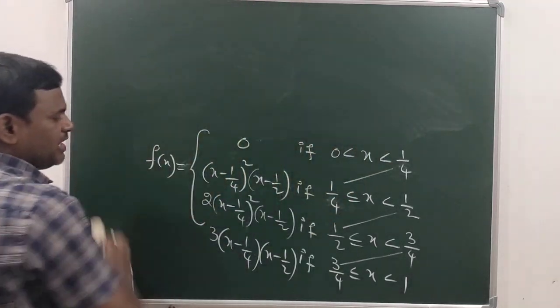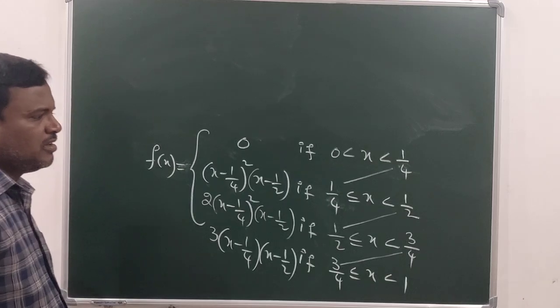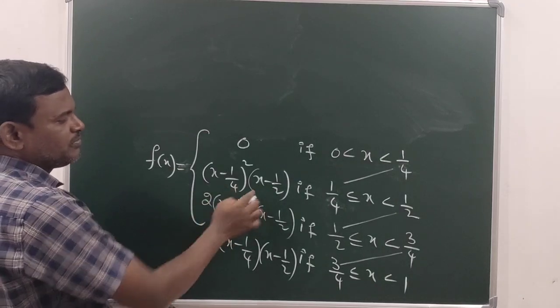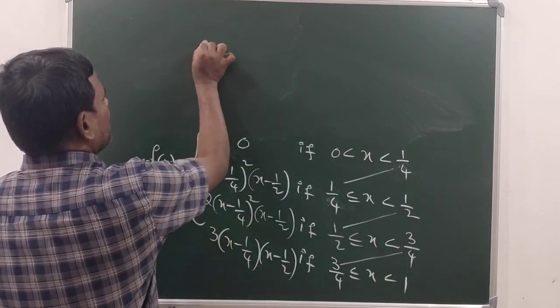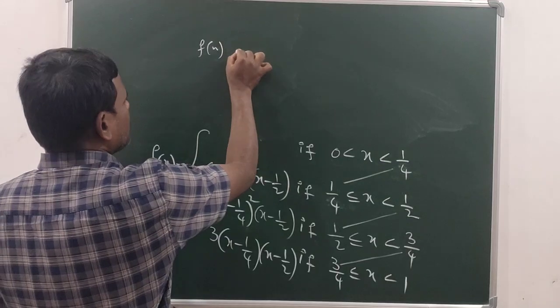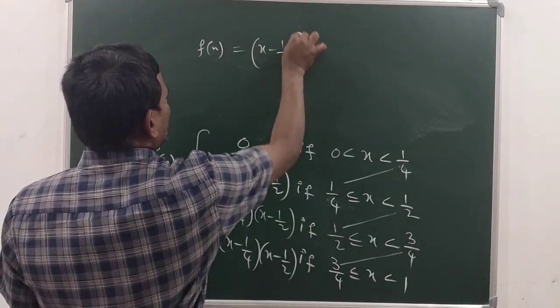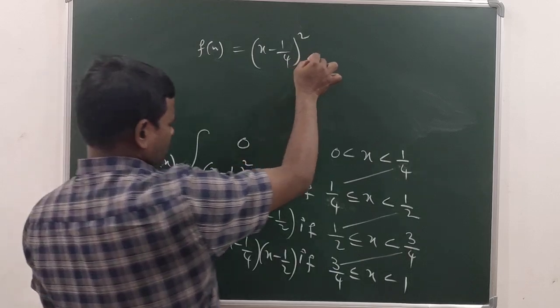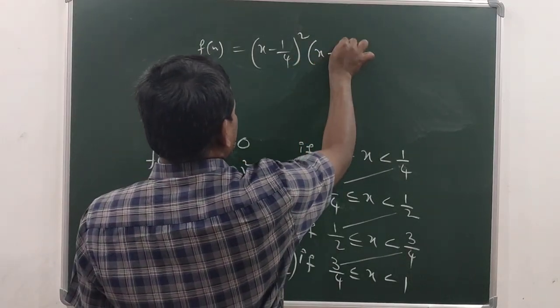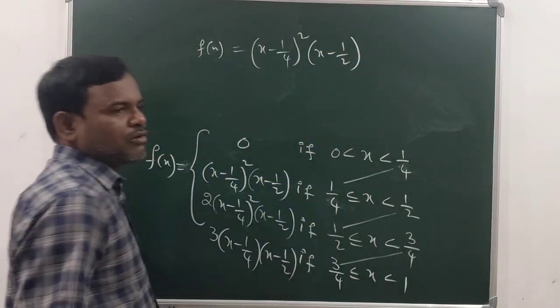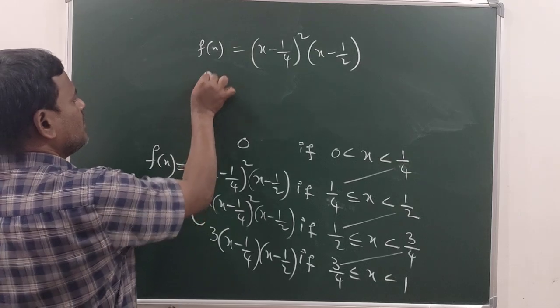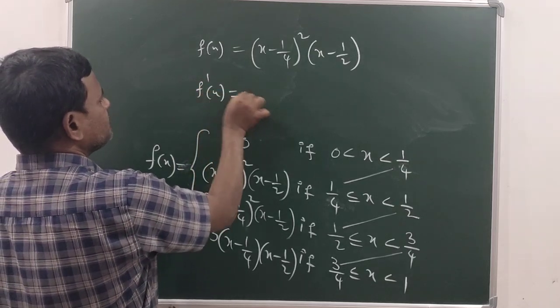Students, so take this function. f of x equal to (x minus 1 by 4) whole square into (x minus 1 by 2). Now do its derivative, f dash of x.